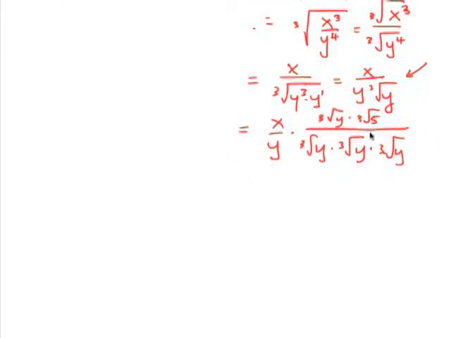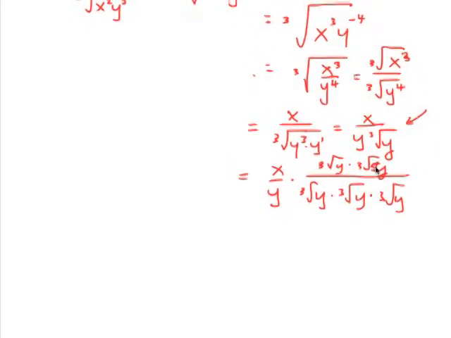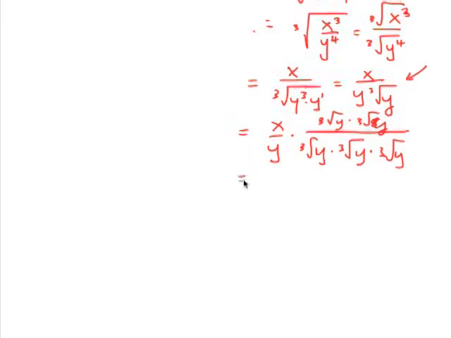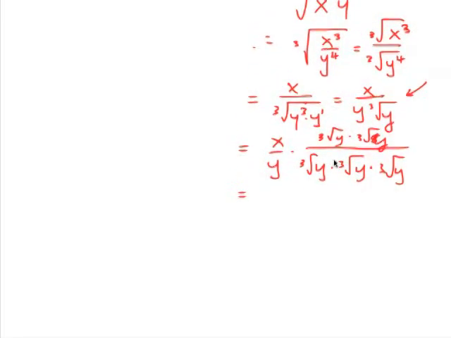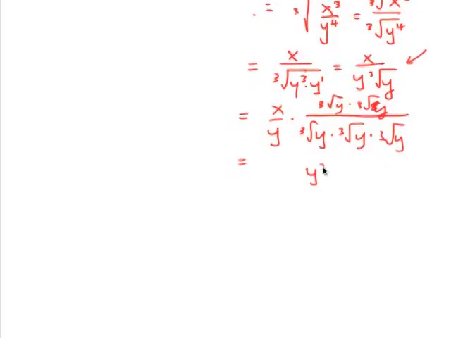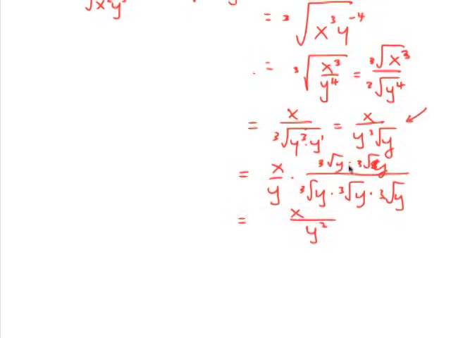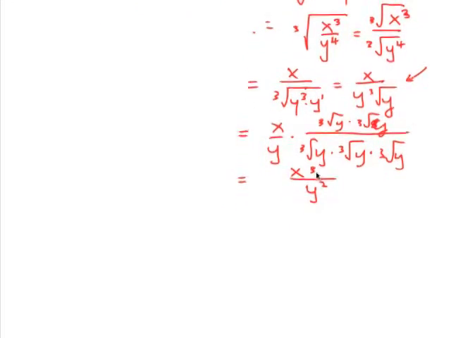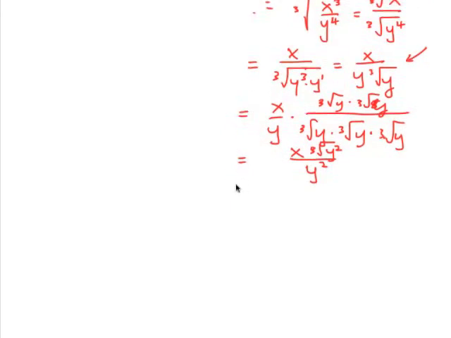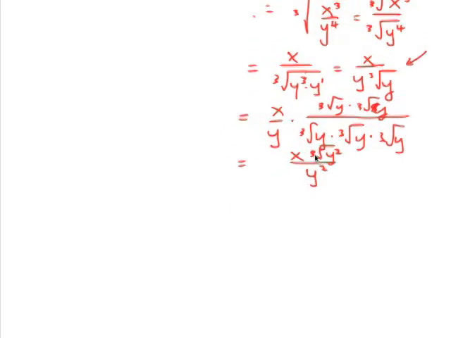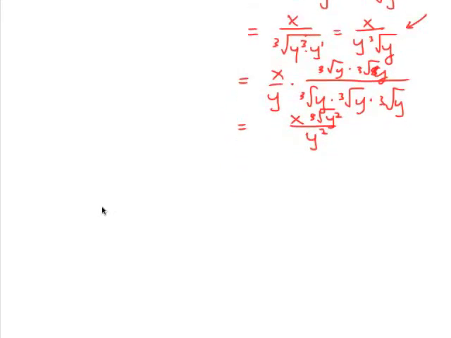Okay, and of course what we have here then is this will be y, so we'll have a y squared on the bottom now, and we'll have an x here, and now we've got two of these, so this is actually the cube root of y squared. And so now we have the radical in the numerator, which makes it the most simple form.